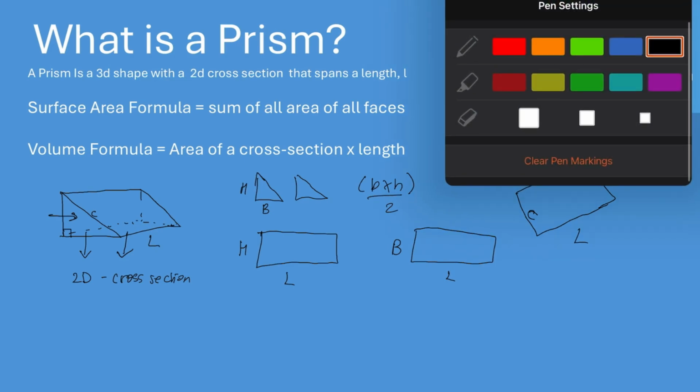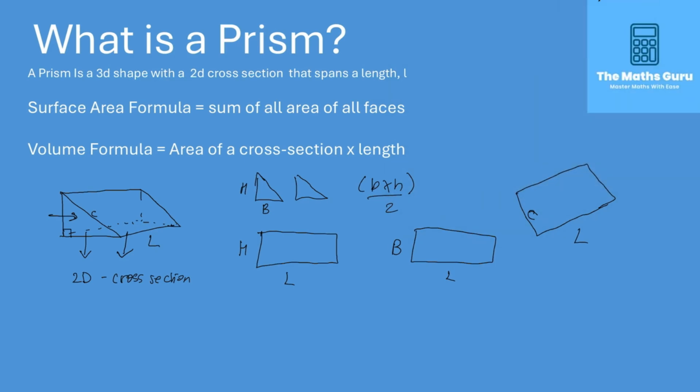Okay, now looking at volume, the way we'd work out volume is by working out, say if we had an outer rectangular prism, which looks something like this. This is our rectangular prism. We have our 2D cross-sectional area of our rectangle.